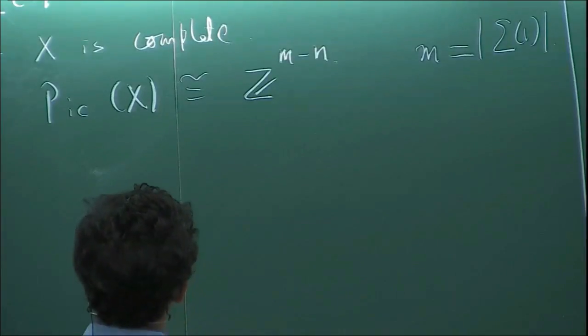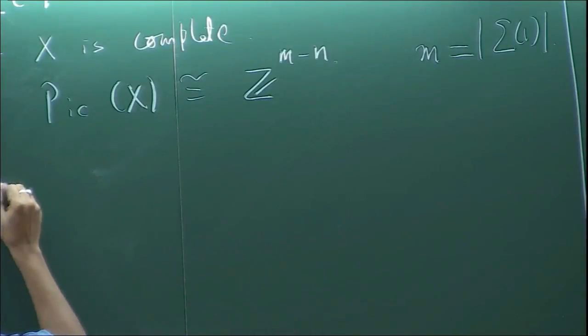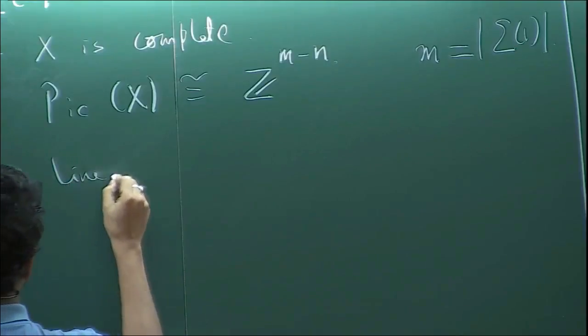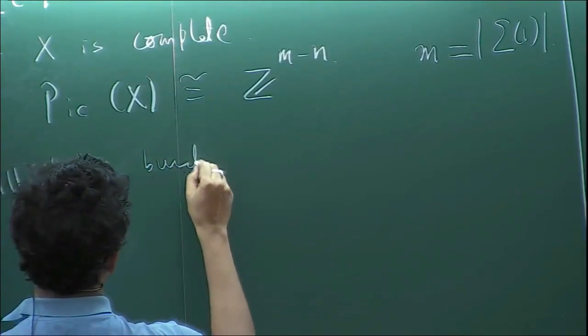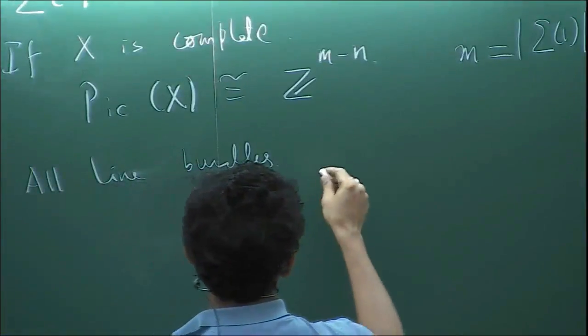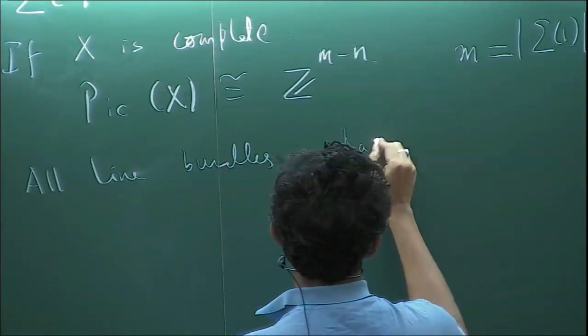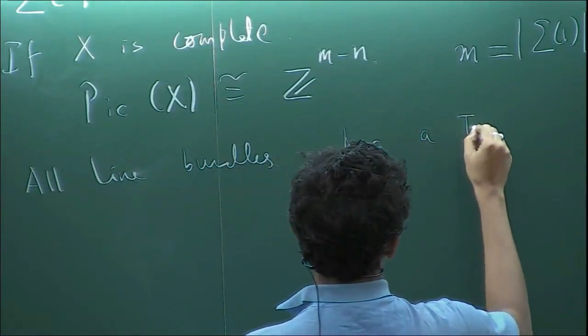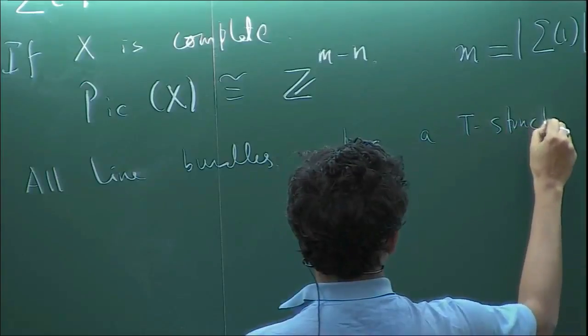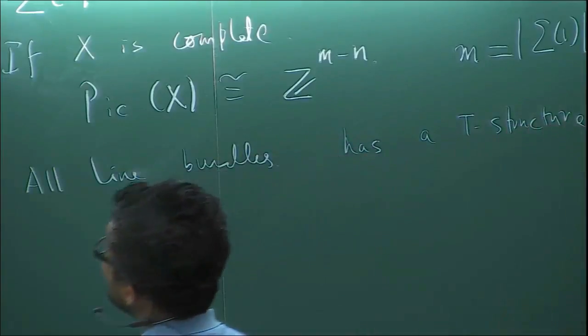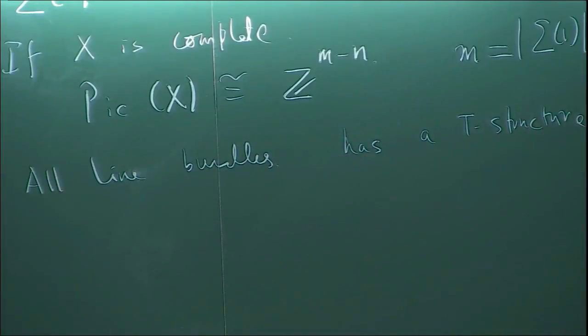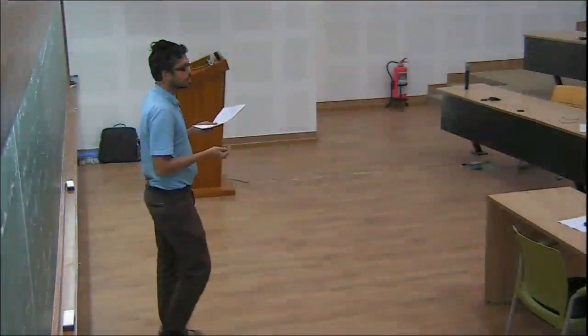So that means all line bundles have a T action, a T structure. But when you go to one more dimension, this statement is horribly wrong. Very few vector bundles have a T structure, a non-trivial T action.